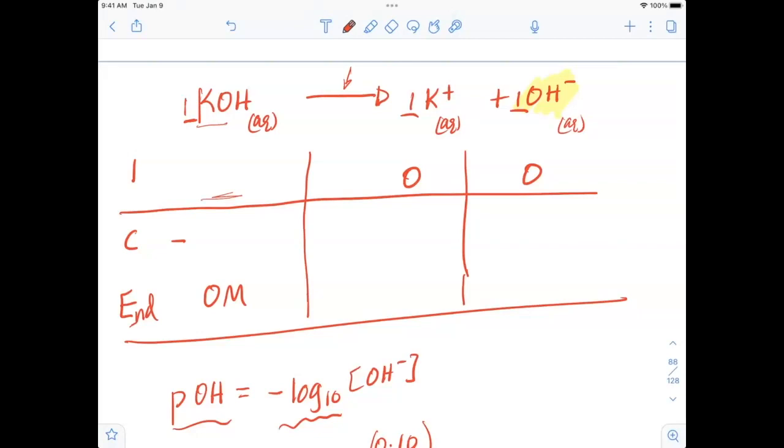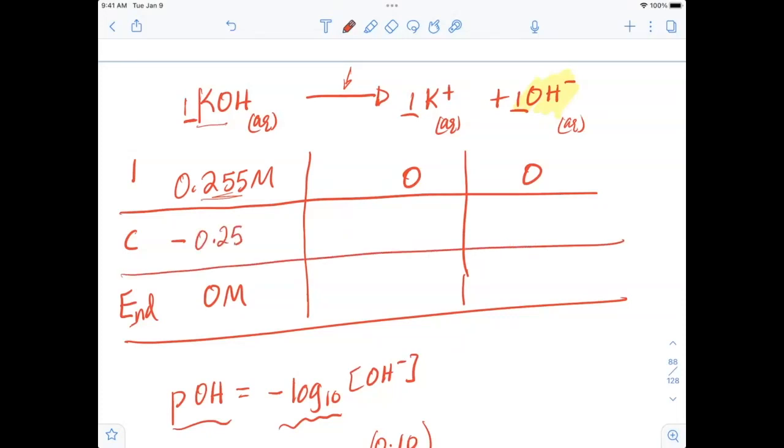And this time we have, what was it? 0.255 molar. And over here I have 0.255 molar. So we can end up with 0. And then here is going to be plus 0.255 molar. Oh, sorry, that's already added.